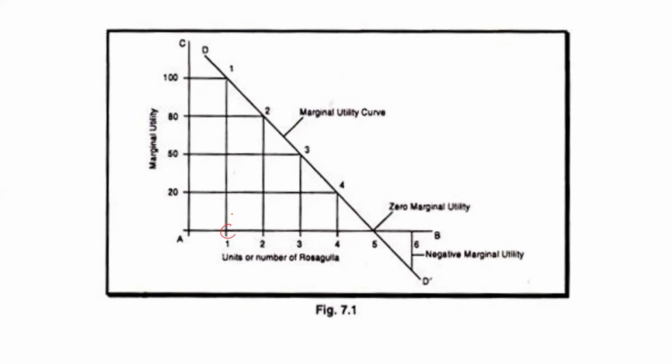With the first unit you got a marginal utility of 100, with the second 80, with the third 40, with the fourth 20, and with the fifth none, that is 0. If you consume more, your marginal utility goes to the negative side. When you make its curve, it is known as the marginal utility curve.